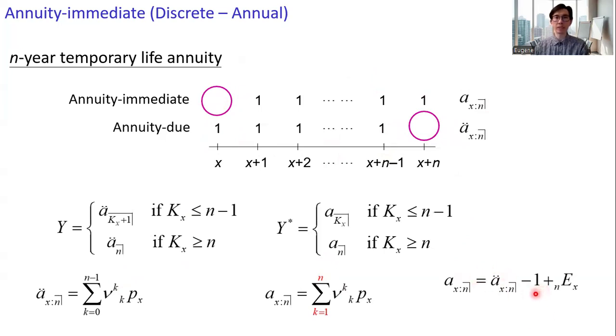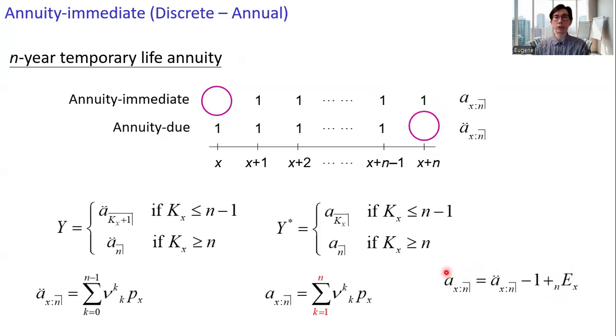This is the present value of the first payment. And then for the annuity immediate, there's an additional payment of 1 at time x plus n. So we add this up, the present value of this payment, which is the pure endowment, nEx. So we have this relationship.